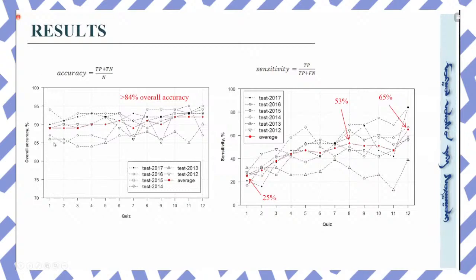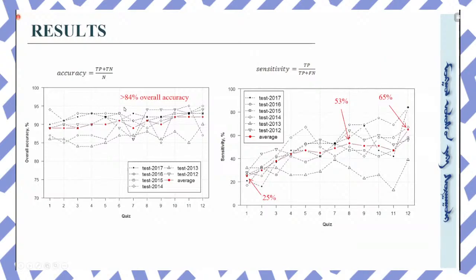Only after one quiz, at the second week of the semester, the students' performances and all the students' activities are collected and used for determining whether the students will fail.